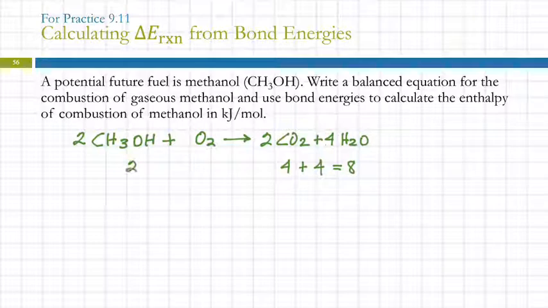And I've got 2 oxygens in the methanol plus, question mark, what do I need there to equal 8? I need that to be 6. To get 6 oxygens from this, I need 3 O2s. So that was the first step, balanced chemical equation.